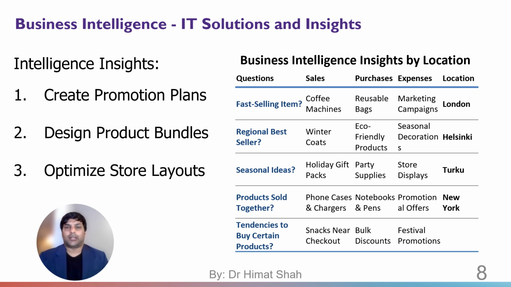The owner of the business wants to know the fast-selling items from the data, regional-based sales, seasonal ideas, products sold together, meaning combined with another product, and the tendency to buy certain products in different locations. For example, in the table, different store locations are given: one store is in London, one in Helsinki, Turku, and New York.